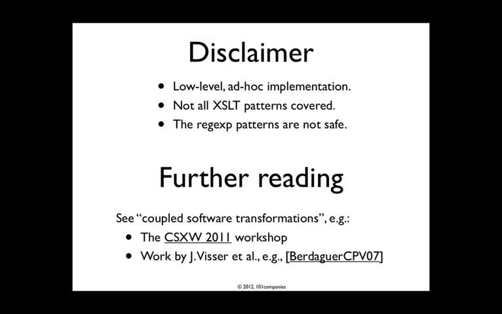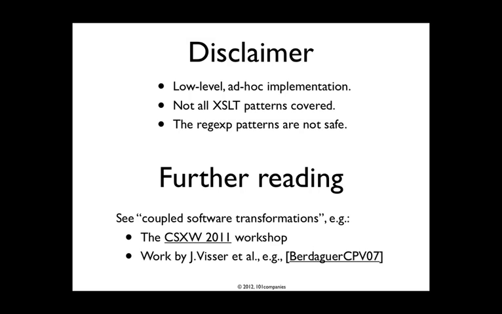It's certainly not complete in terms of the XSLT patterns that could require some renaming, okay? And also the way I do some of the renaming here, especially at the XSLT level, is not totally safe. You are welcome to make improvements.